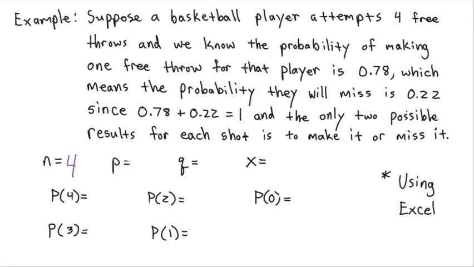The probability of success is 0.78, which automatically means that the probability of failure is 0.22. And then the X we're concerned with is, well, we want to look at all 5 of them. We want to look at 0, 1, 2, 3, and 4. And so what we're going to do is look at them one at a time, starting with 4 and working our way down to 0 using Excel.